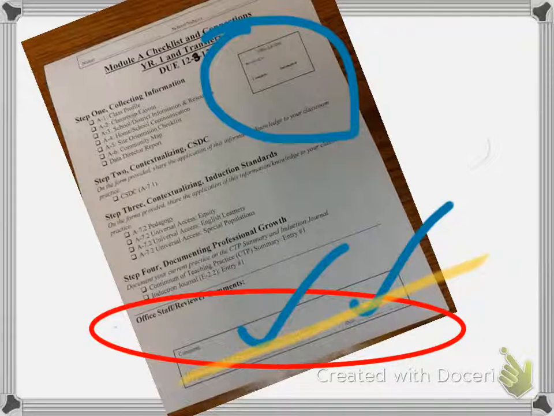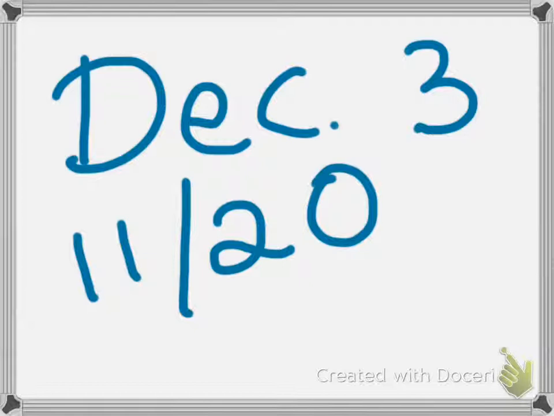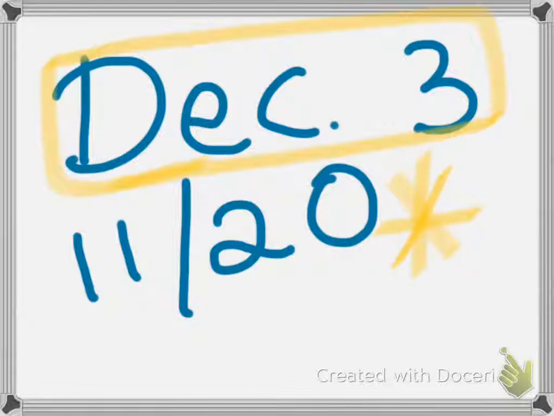But that's really important. December 3rd is the due date for this particular Module A. What we have here as far as 11/20, you really need to look at December 3rd, because we normally would like you to turn your things into your support provider the week prior. However, in this case, that falls during the Thanksgiving week, and we have that week off.